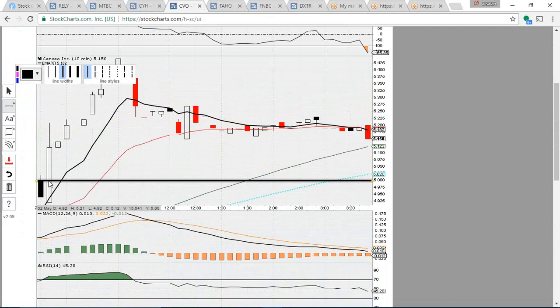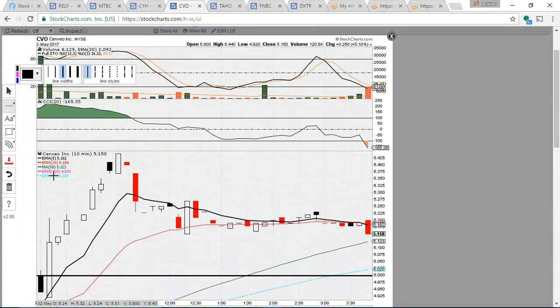And then we wait. We wait for it to cross the line. And if it's a pretty strong cross as far as the white box goes, then we usually get in. If we see a lot of ups and downs, a lot of indecisiveness, then we wait for a third box to confirm the pattern.